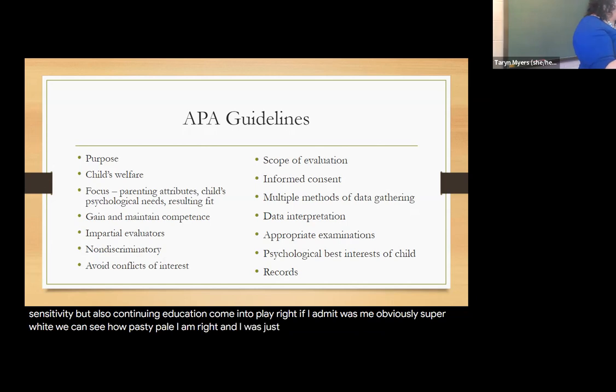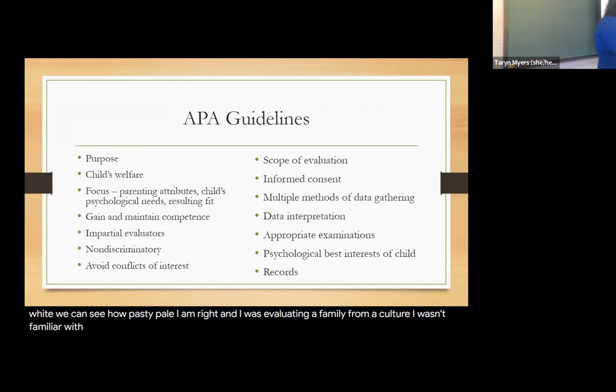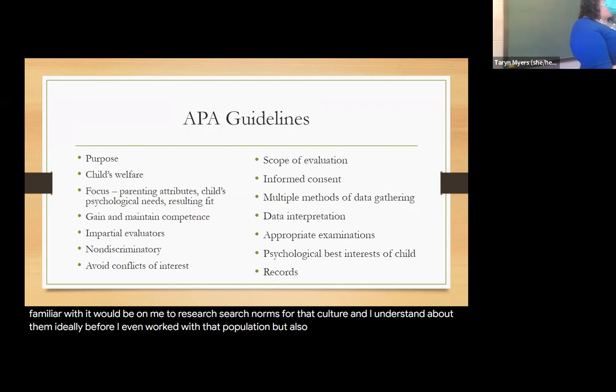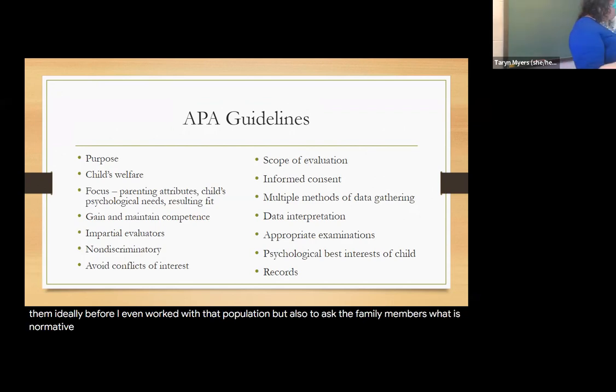And I was evaluating a family from a culture I wasn't familiar with, it would be on me to research norms for that culture and understand about them, ideally before I even worked with that population, but also to ask the family members what is normative, not only within your culture, but within your particular family.